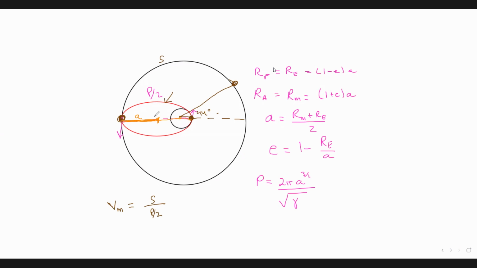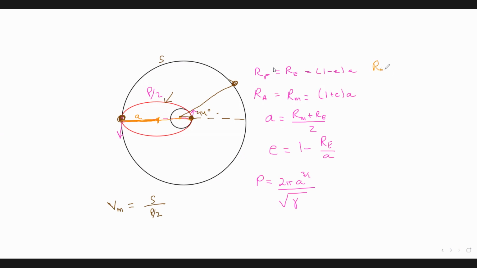Okay, and oh wait, I think I understand how you got the A. So then it would be the radius of Mars plus the radius of the Earth, and then could you explain that one more time? Well, let's solve these two equations and let's see what we get. So let's divide Rm by Re.